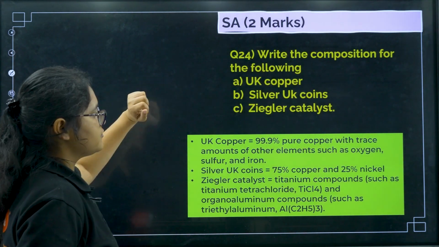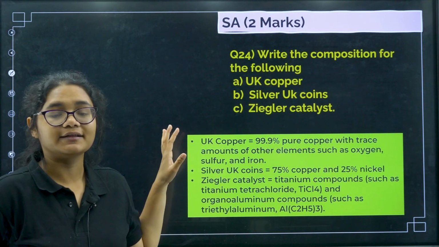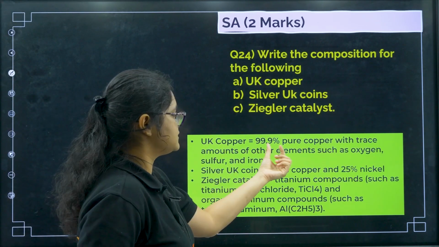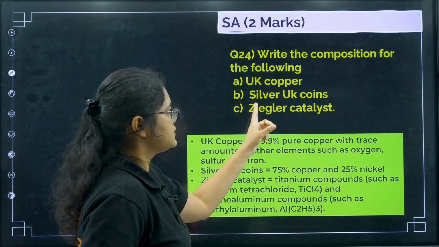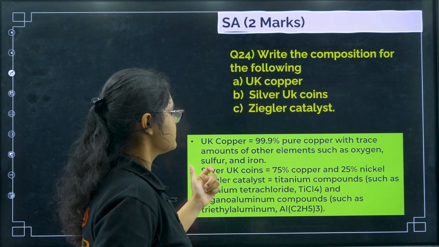Next, composition of the following. This is a fact based question. This question was there in the question bank, so please have a look at this. UK copper is 99% pure copper with small amounts of sulfur, iron and oxygen. Silver UK coins are 75% copper and 25% nickel.